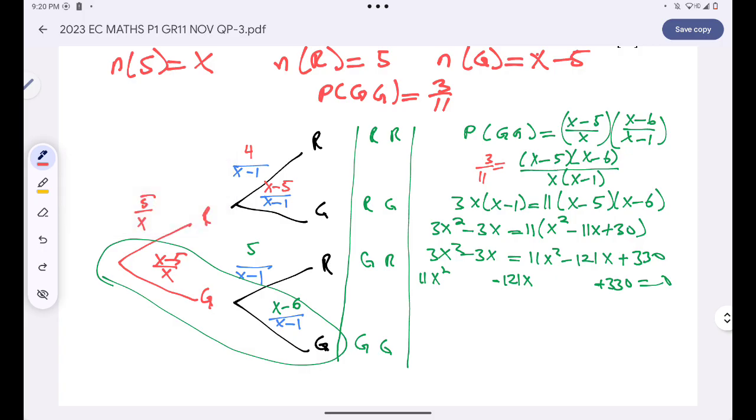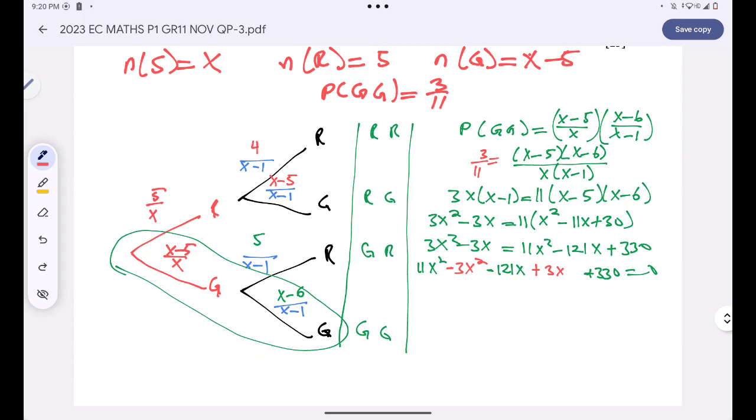The terms that I'll move from the left hand side to the right hand side, I will write them in green. So this will give me negative 3x squared. They will change sign whenever they jump the equal sign, plus 3x over there. So now I'll simply have 8x squared minus 118x plus 330.